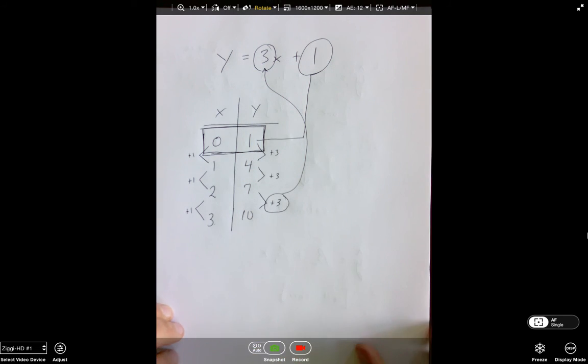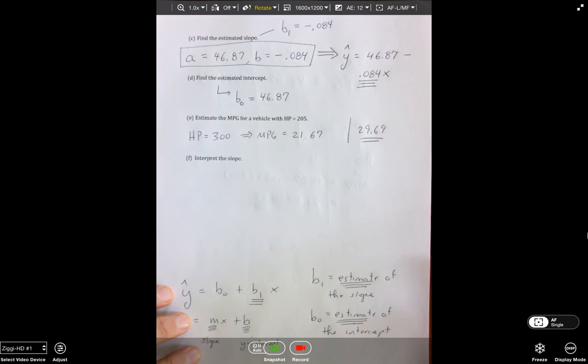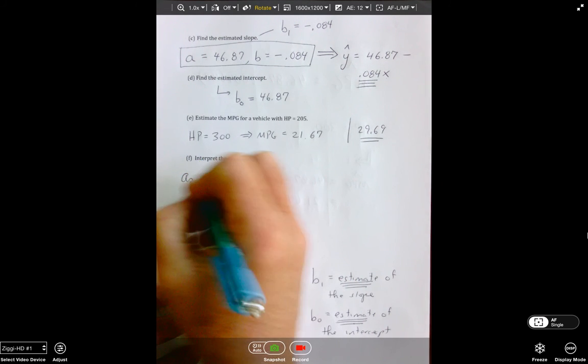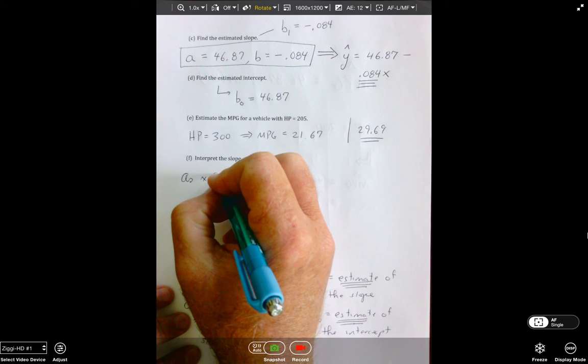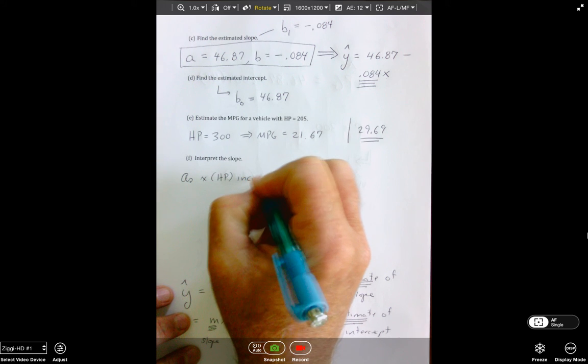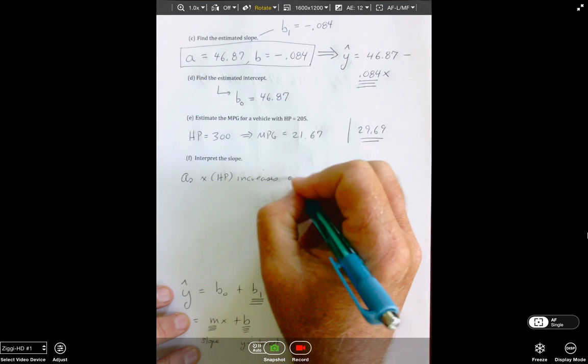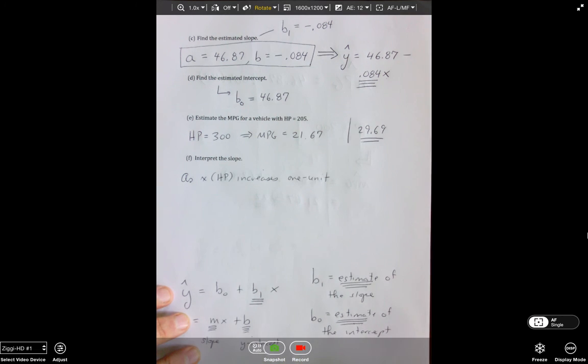Now, how can we use that to our advantage to come up with an interpretation of the slope for this problem? Same thing. As x, which in this case is our horsepower, increases 1 unit, just like we did over there in our chart.